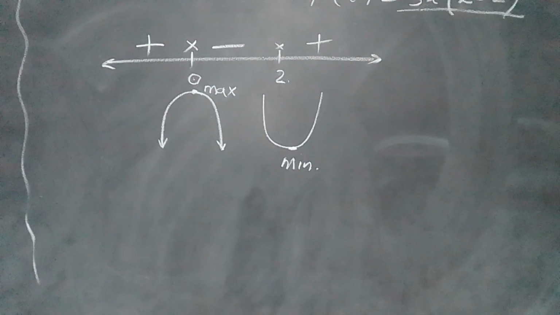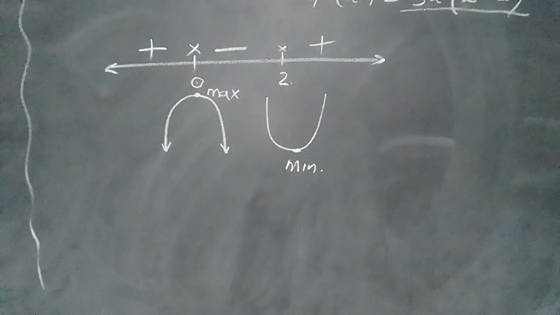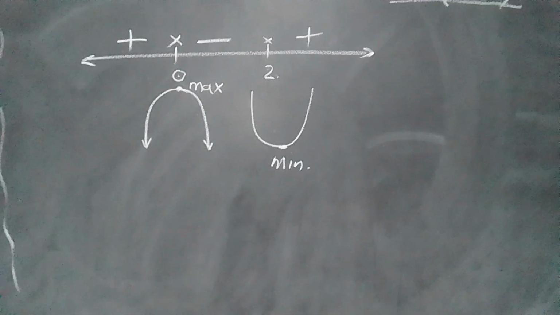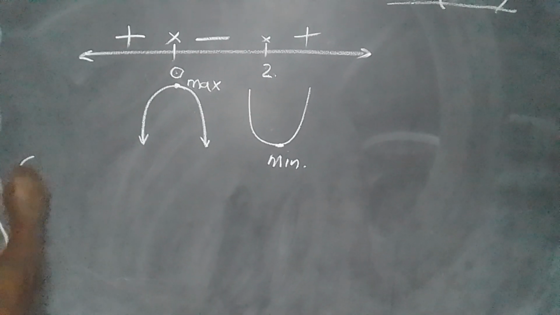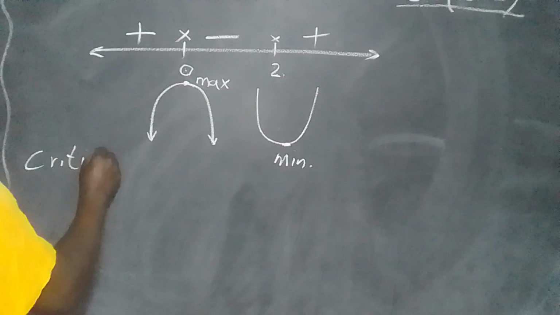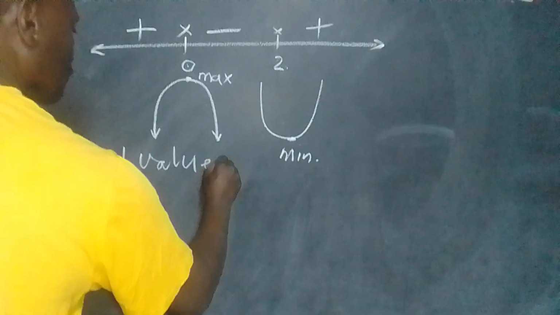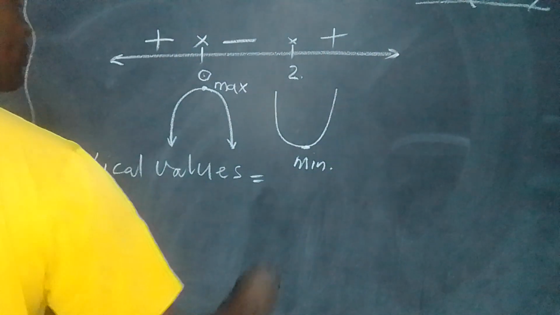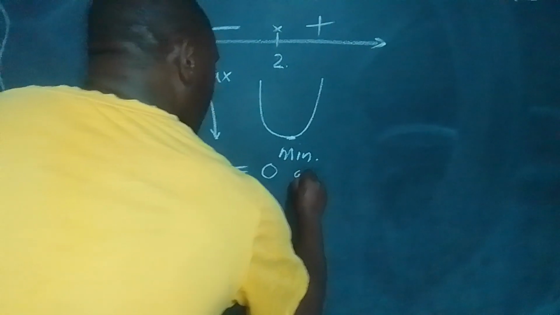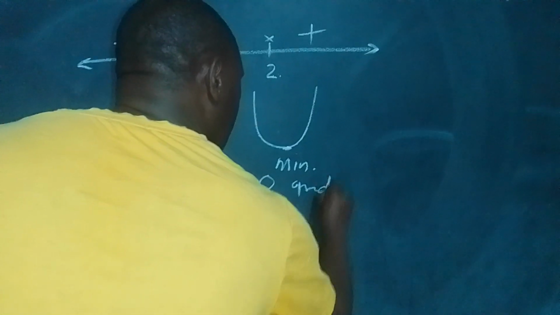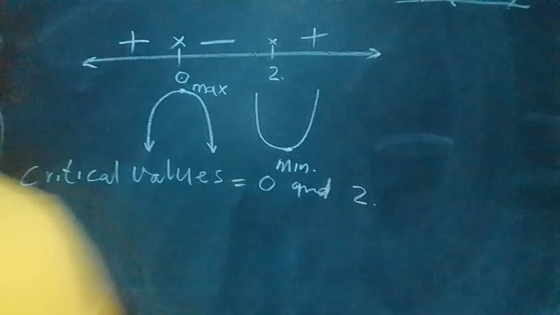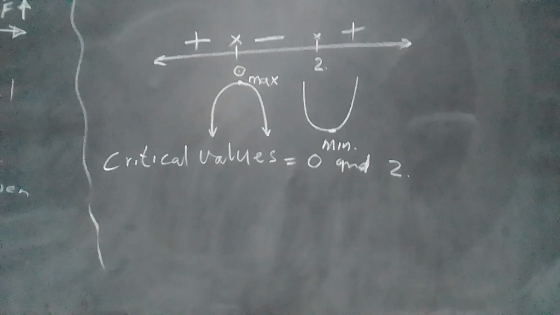We have our minimum. So the critical values here are 0 and 2.